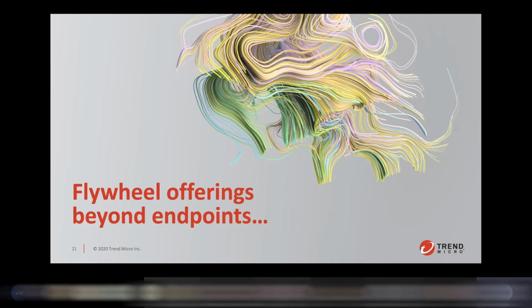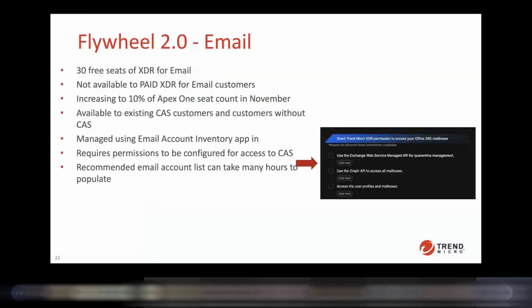Okay, guys, I would like to tell you something more, because Flywheel is a little bit more than just the endpoints. We have Flywheel 2.0 now, and it is extended to the emails. So every single Apex One Flywheel customer gets an additional 30 free seats of the XDR for email.